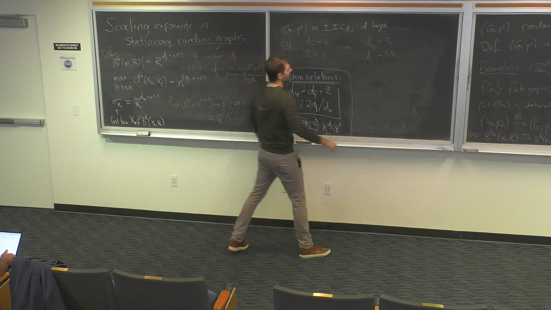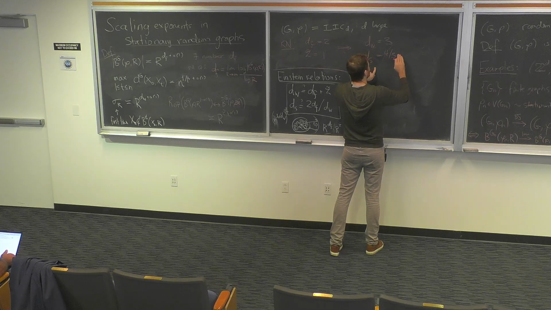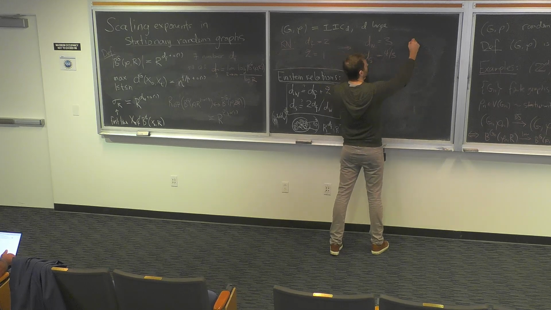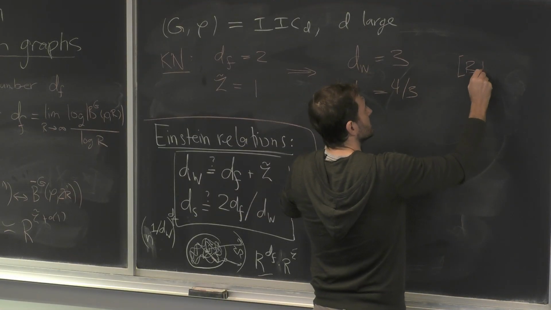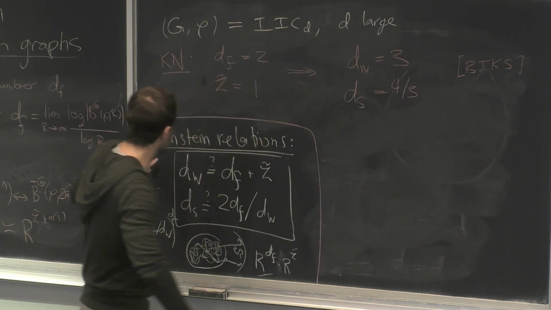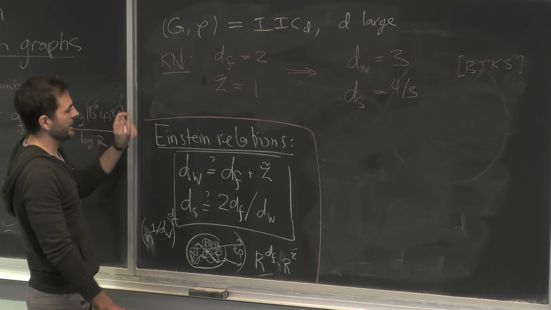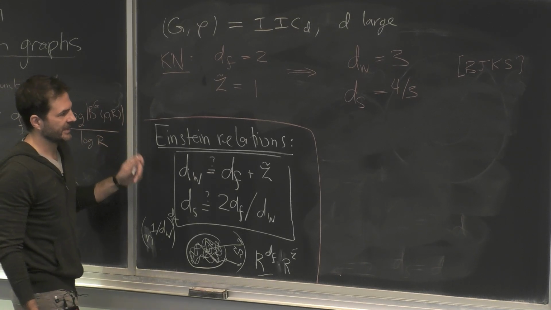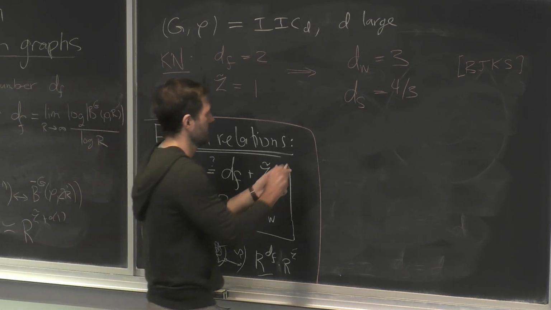Yeah, okay. They got these numbers from work of Barlow, Jarai, Kumagai, and Slade, who established these Einstein relationships in a stronger setting called the strongly recurrent setting.